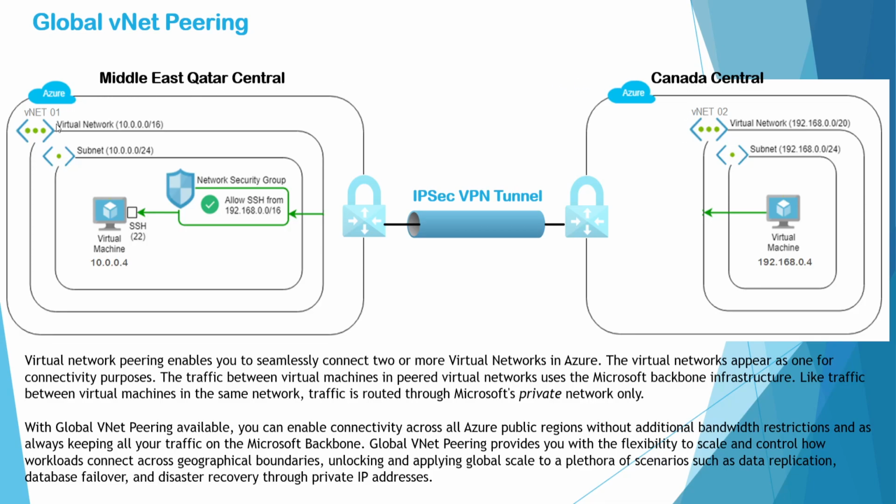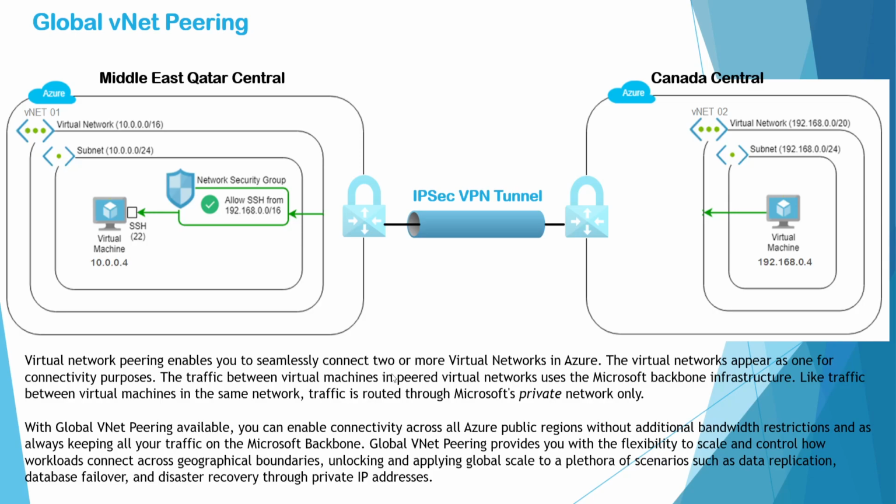On the other hand, we will create another subnet in the Middle East Qatar region, and this will be the subnet of our Qatar Central, and this will be the subnet of the Canada Central region. So I will create two virtual machines, one in each region, and try to establish the connectivity between the two sites.